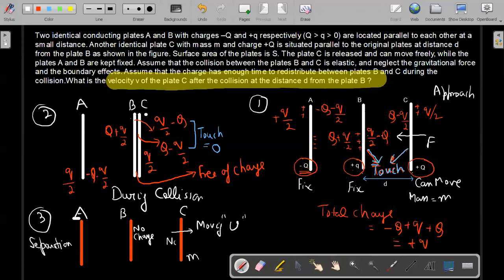No charge on the left side of plate C. Now if you compare this space with the initial arrangement, then in this space, which is the space between plate B and plate C, earlier we had a charge distribution, and therefore there will be some energy in this space. Let's say that energy is E1 because of presence of charge.